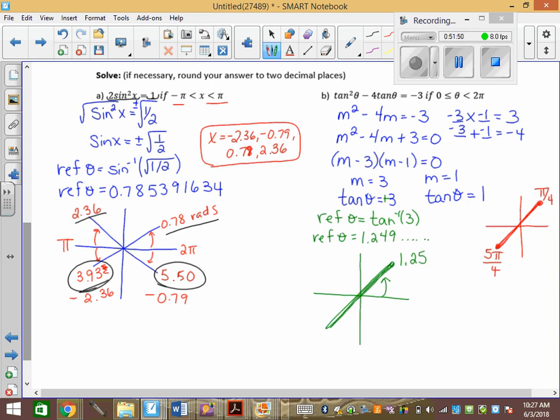And then I'm going to go pi plus that long decimal, not 2 pi. And I'm going to get 4.39. So my answers are theta equals pi over 4, 5 pi over 4, 1.25, and 4.39.